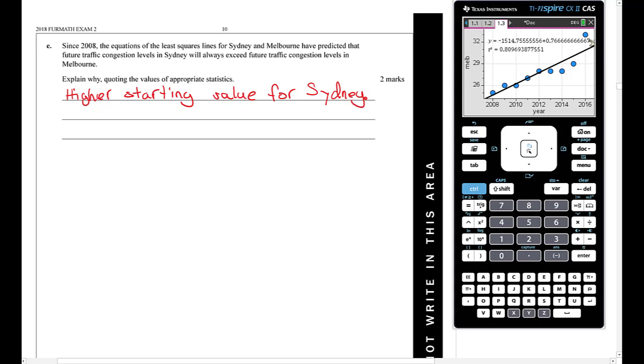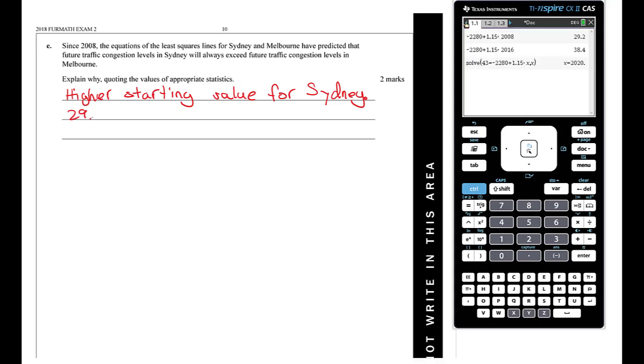And that was 29.2. And where we get the 29.2 from is this part up here. Because remember, that's our starting value. Okay.